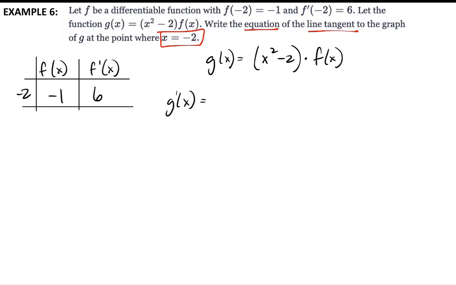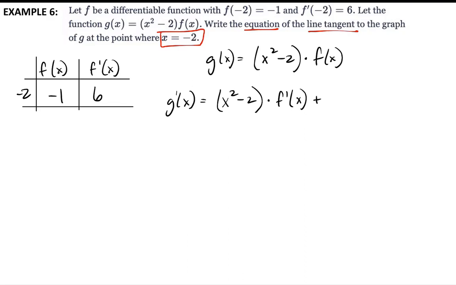It's actually going to be product. Yeah. X squared minus 2 is its own function. I can graph that function. It's a parabola. F of x is its own function. I have no idea what it is, but it's its own function, right? I can graph that function. When I'm multiplying two functions together, that's product rule. Okay. So let's set up product rule. Product rule says the first times the derivative of the second. So I have the first times the derivative of f, which is just f prime.